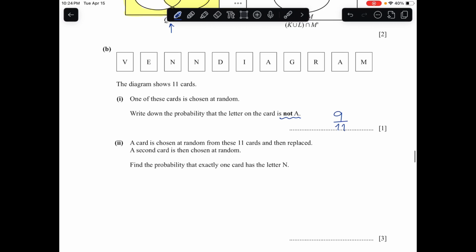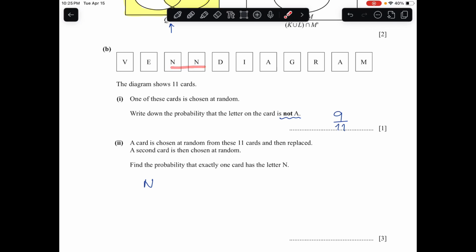A card is chosen at random from these 11 cards and then replaced. A second card is then chosen at random. Find the probability that exactly one card has letter N. So let's say the first card has got letter N, and how many N's do we have over here?